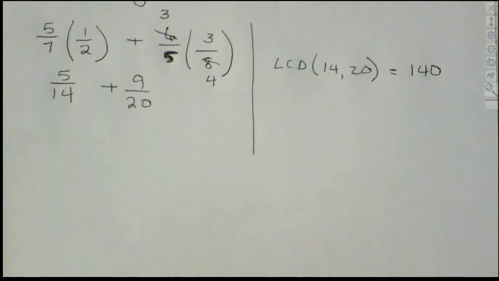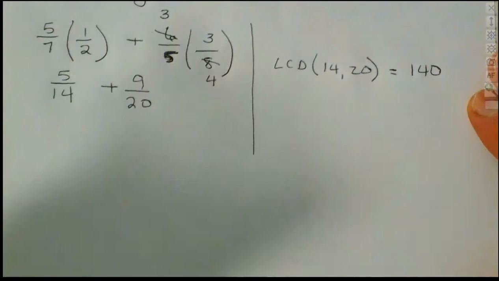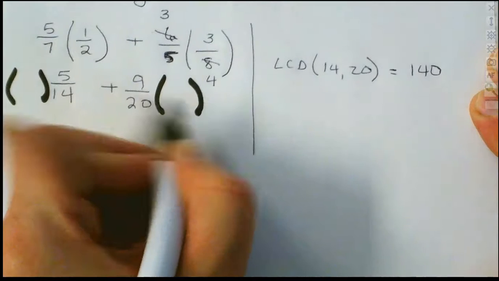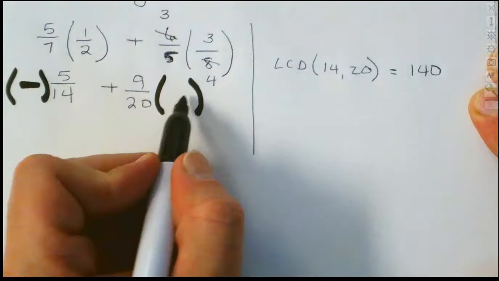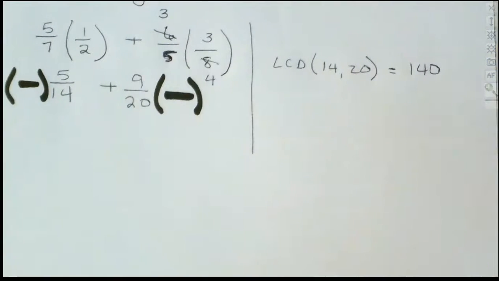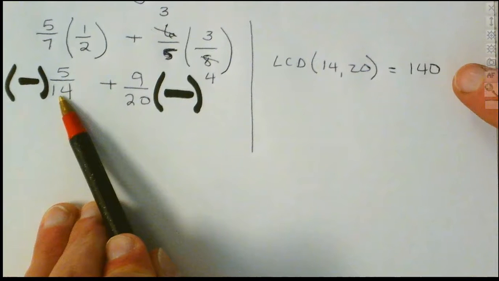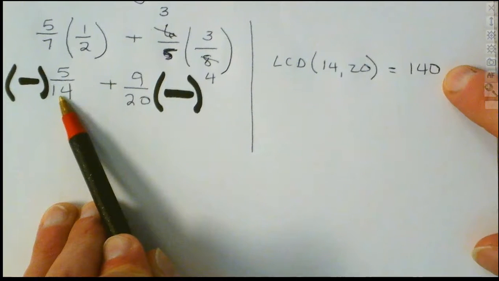Now we're going to use our common denominators here. And we look at each one, and we'll take a break after this question. Okay, we look at each one. So 14. 14 times what is going to make it 140?